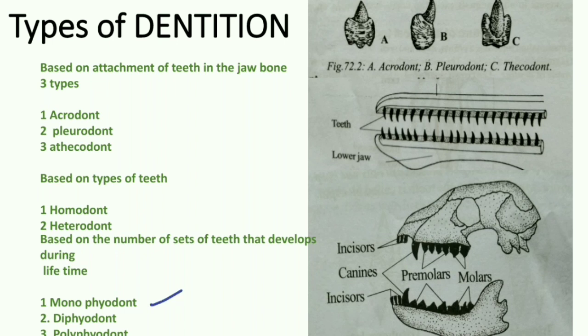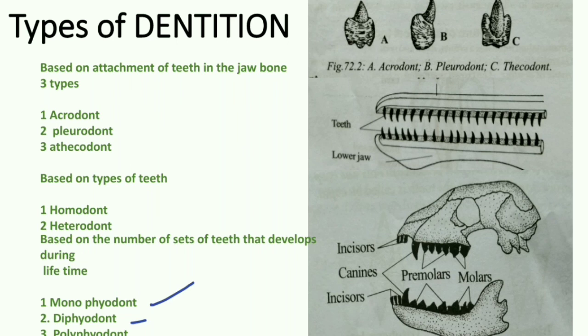Last, based on the number of sets of teeth developed. First, monophyodont: only one set of teeth develops during the lifetime, for example squirrels. Next, diphyodont: two sets of teeth develop during the lifetime.